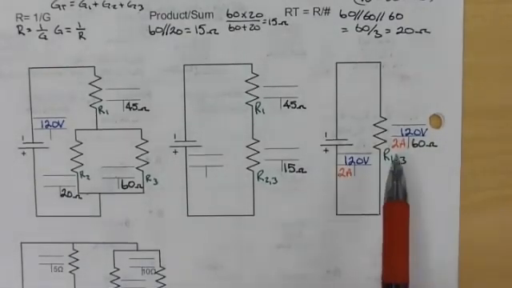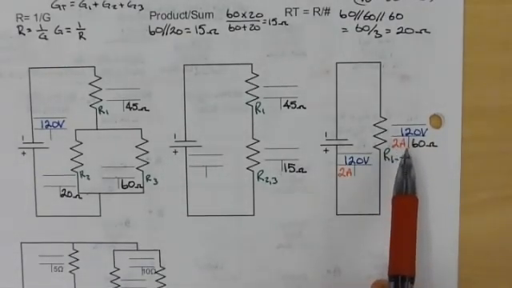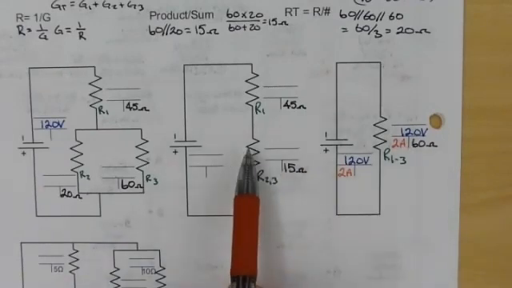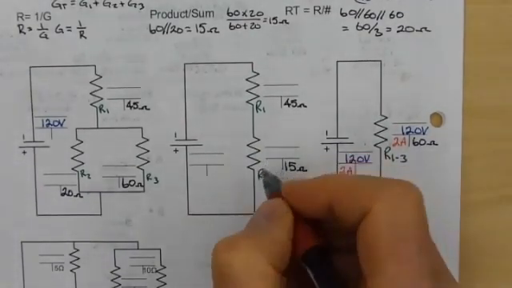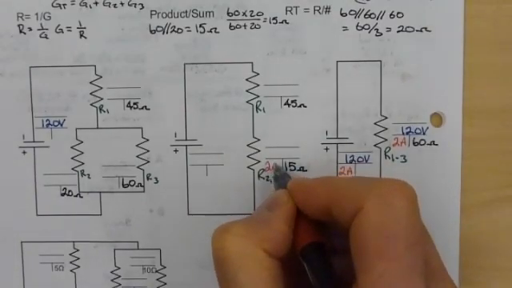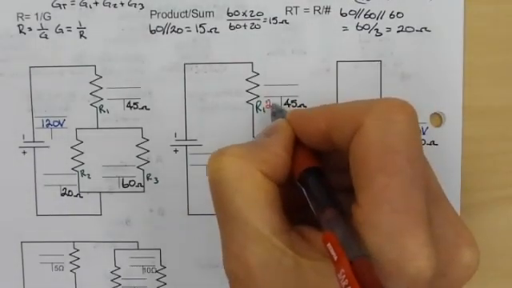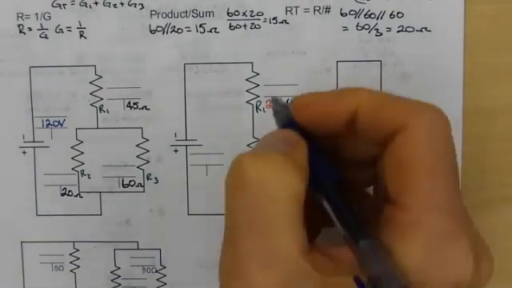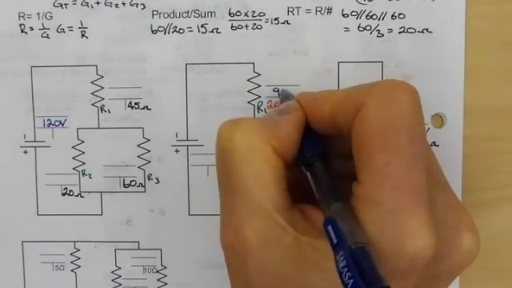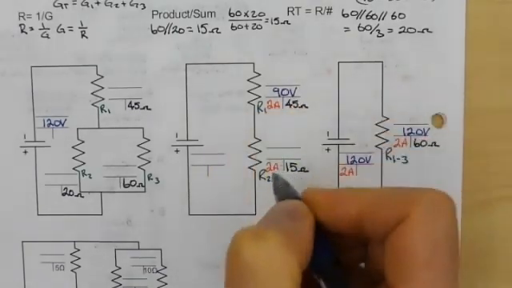So now as we come out, I'm coming out to a series circuit. And what is the same in a series circuit? Current. So I'm going to take this 2 amps and put it out into here. That's the same series circuit. Now I can find my voltages across each one. Volts across this.